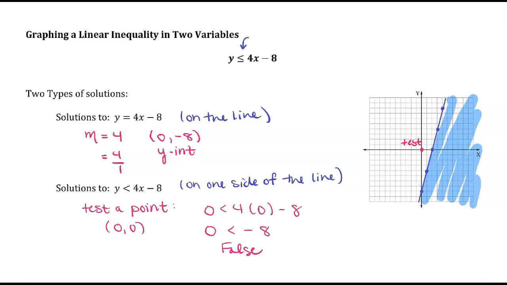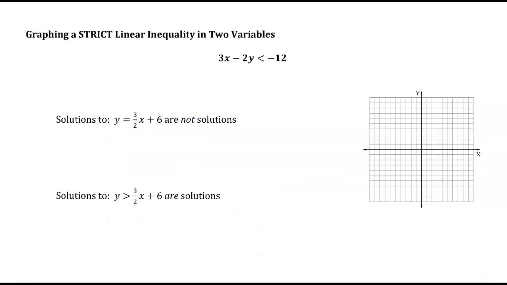Now let's look at graphing a linear inequality with a strict inequality symbol, that is, without the equals sign. Notice that in this inequality, we have a strict less than symbol. That is, we need 3x - 2y strictly less than, not equal to, -12. Let's start by simplifying this and solving for y.